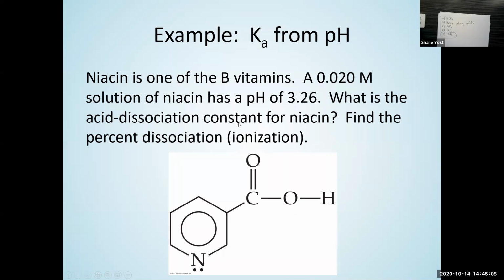That's that Ka. What is the value of Ka for niacin? And then what is the percent dissociation, that percent ionized? That is the next question in the example here. We're going to work this one out together from the beginning.